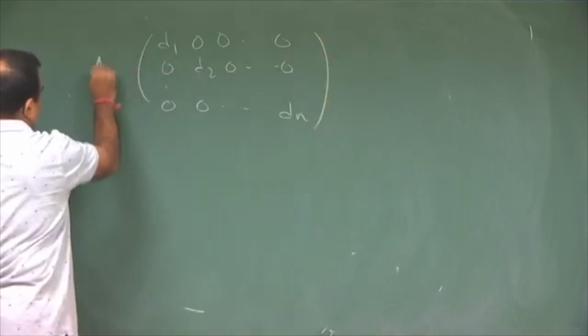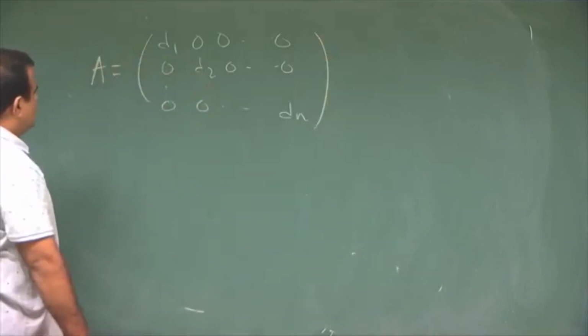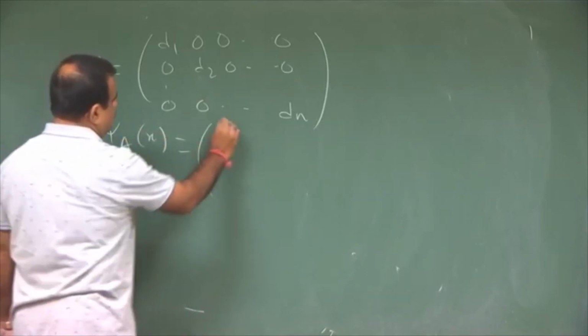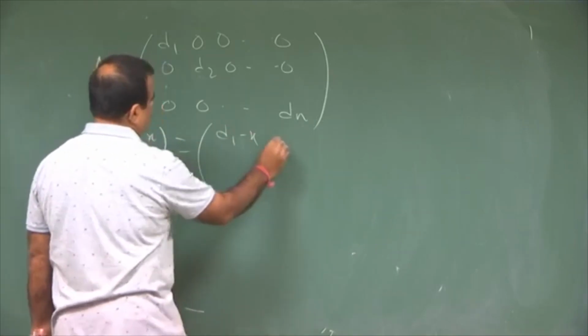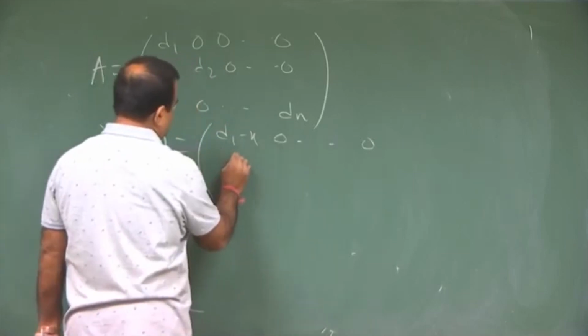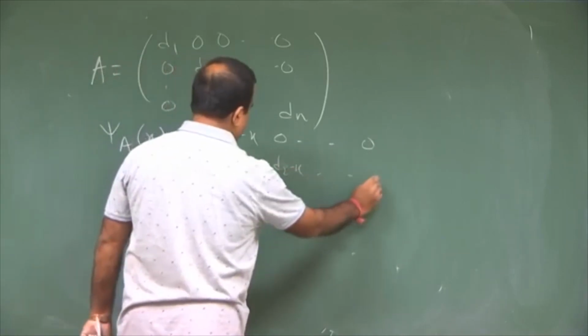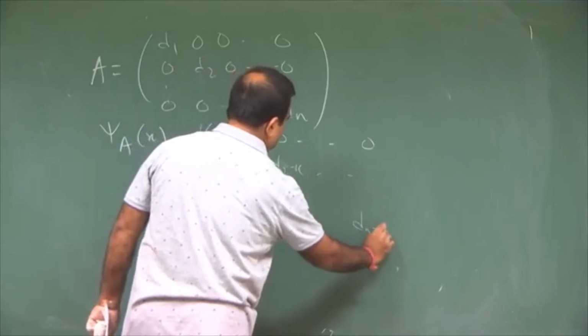Suppose this is our A. These are the diagonal elements. Now, the determinant of A minus lambda I is the determinant of the diagonal matrix with d 1 minus x, d 2 minus x, up to d n minus x.